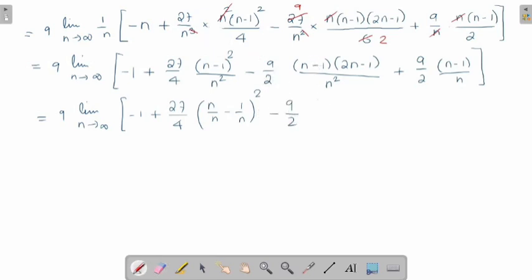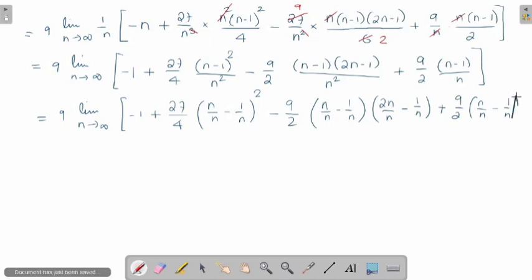So again this also can be written as n by n minus 1 by n into 2n by n minus 1 by n, plus 9 by 2. The last one is n by n minus 1 by n, right? So that's what we have.